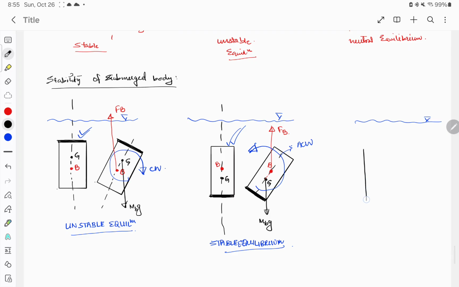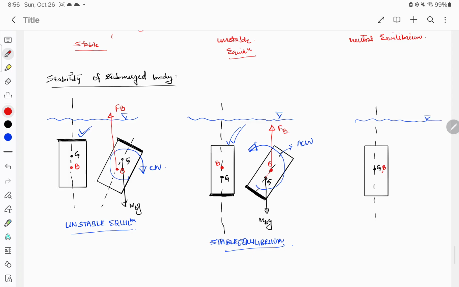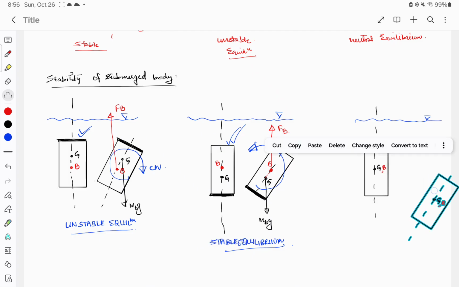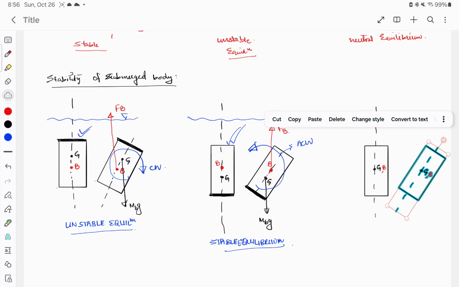Now let us just take a normal body without any weights in the top or bottom. The center of gravity will be at the middle, since there are no weights associated. Now again I'll give this a tilt, or I disturb this part.